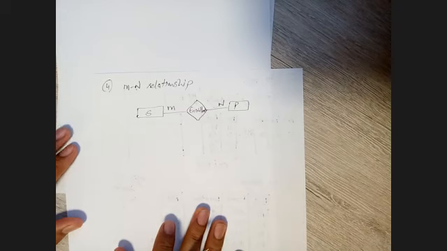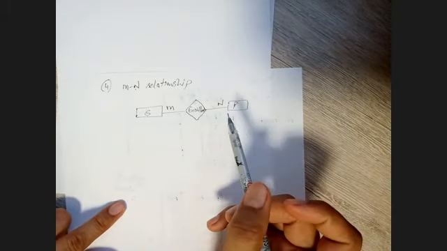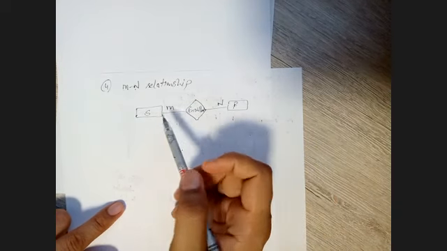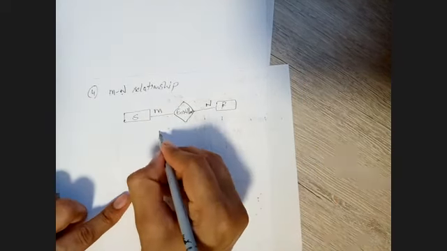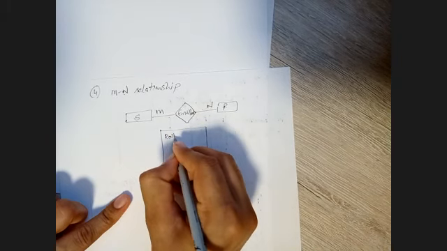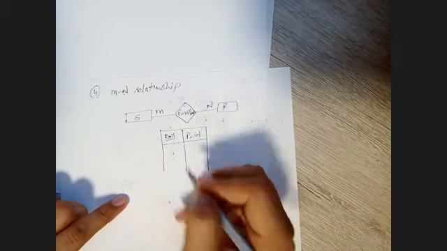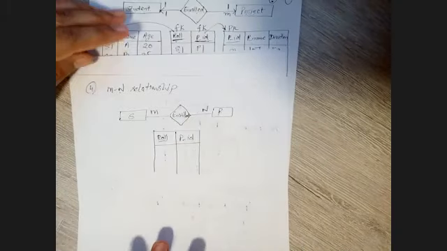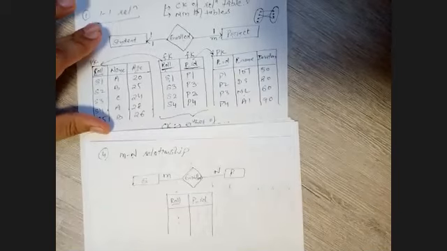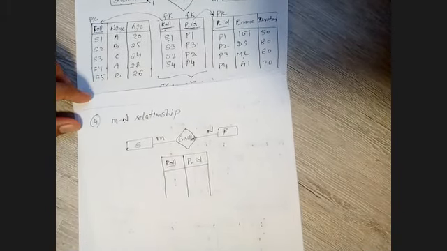It means a student can be enrolled in many projects, and one project can have multiple students. So how will we make this relationship table? Again, we have the roll number and the project ID here, considering the same data, for the student and the project.